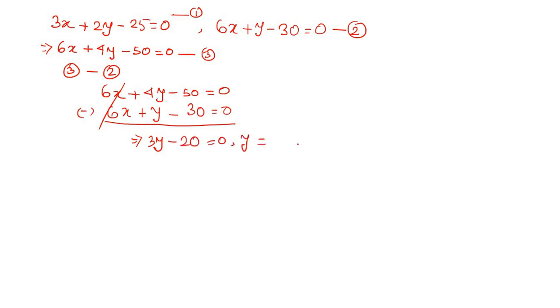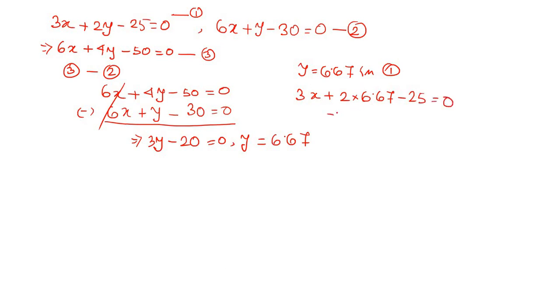So you get y equal to 20 by 3, and that is 6.67. When you replace this in any one of the equations, say in equation number 1, when you replace y equal to 6.67 in 1, then we get thrice x plus 2 into 6.67 minus 25 equal to 0.